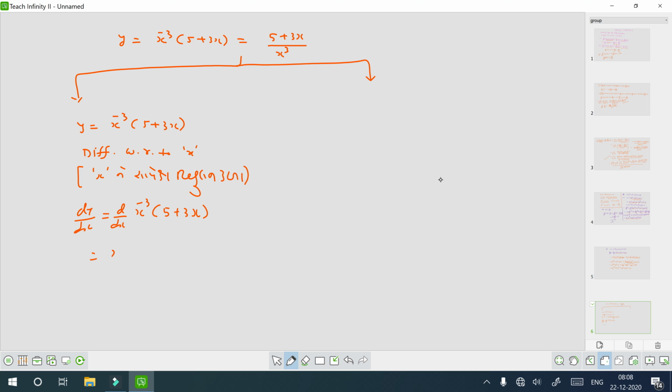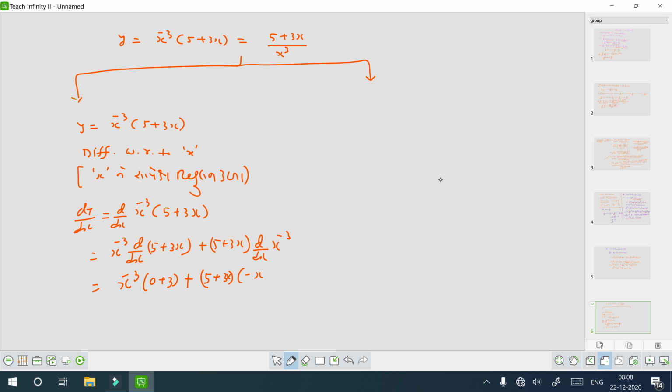So first function as it is, derivative of second one, second function as it is, derivative of first one. So minus 3, derivative of 5 is 0, derivative of 3x is 3. 5 plus 3x as it is.